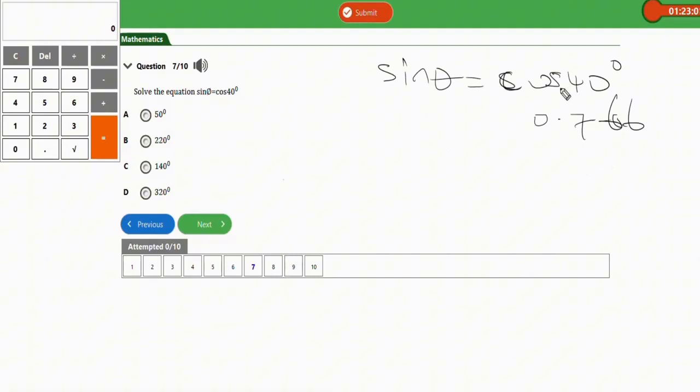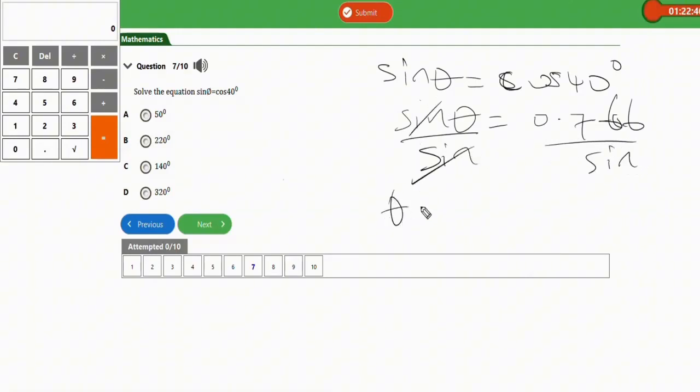Now since cos 40 degrees is 0.766, we have sine theta equals 0.766. Now to make theta the subject of the formula, you divide both sides by sine.